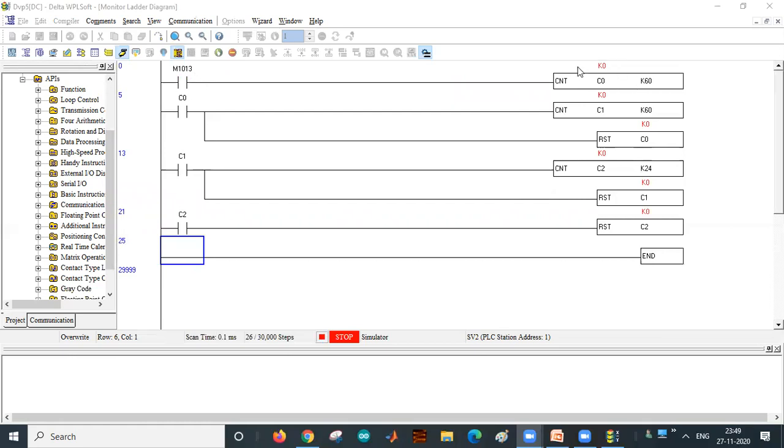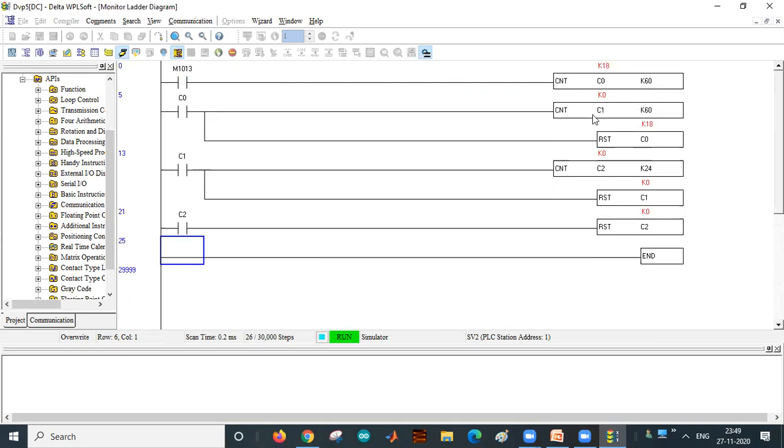Whenever it is on, this value will be incremented by 1. See here, 1, 2, 3, 4, 5 seconds, 6 seconds. Like that, the seconds value will go on increasing up to 60. After it reaches 60 seconds, that means 1 minute.